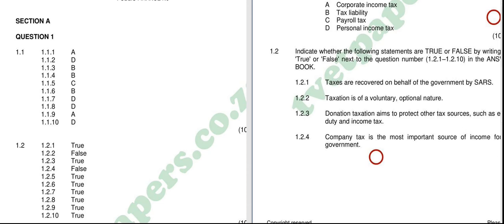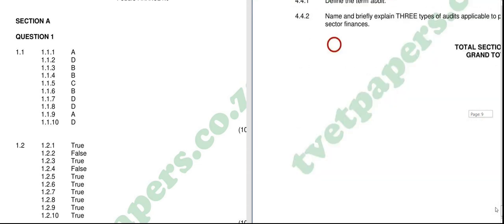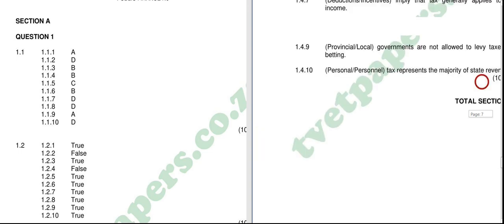For 1.2.3, our answer is true. Then we go to 1.2.4, carbon tax is the most important source of income for government, which is false. We have false there. And then obviously we move on to the next one, 1.2.5.